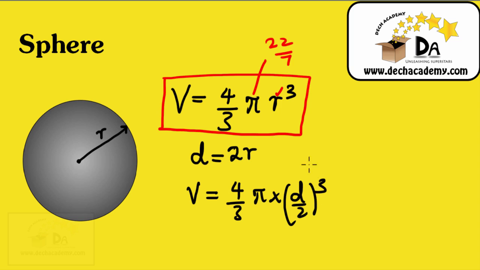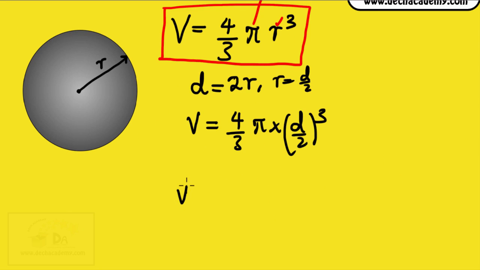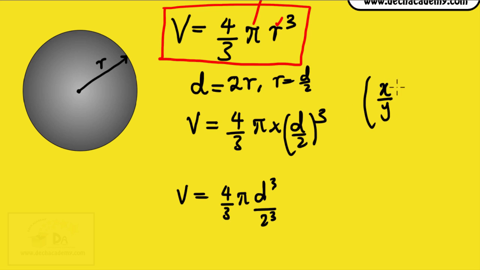As you know, the diameter is equal to twice the radius, so the radius is equal to diameter divided by 2. All you have to do is divide both sides in this equation. So the volume is equal to 4/3 pi, then d cubed divided by 2 cubed. Remember from indices, if you haven't covered the video, you should.